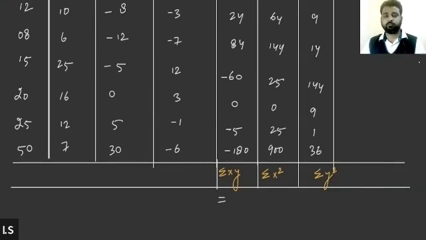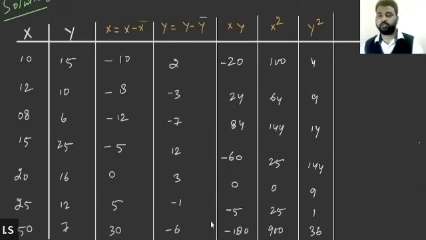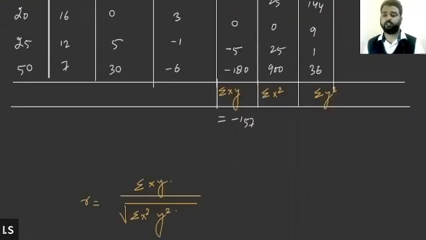Make the correction and then calculate. I think it is -157 I'm getting. Yes, sir, -157. And then the square of x: 100 plus 64 plus 144 plus 25 plus 0 plus 25 plus 900 will be 1258.